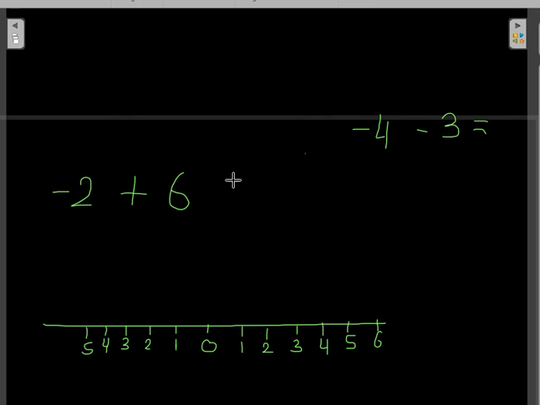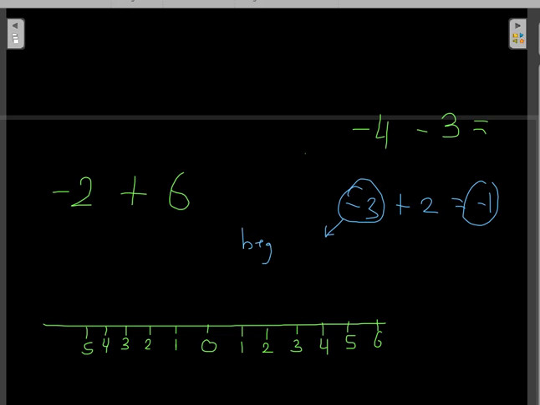Okay, so we had, for example, negative 3 plus 2, and I said the answer was negative 1. But how did I get negative 1? Okay, the first term, being encircled in blue, tells you where you would begin on the number line, right?